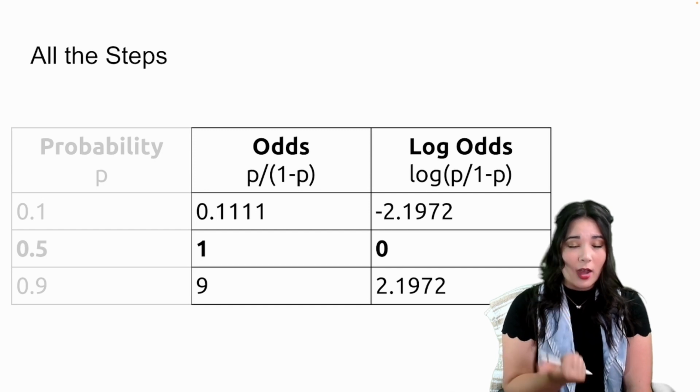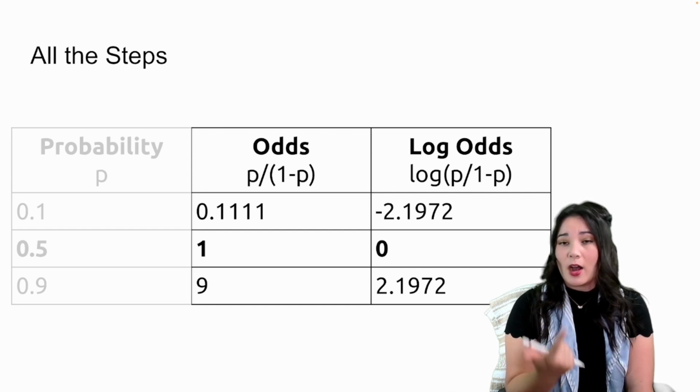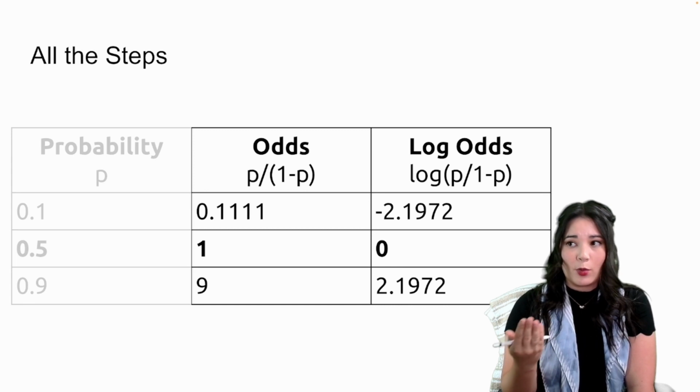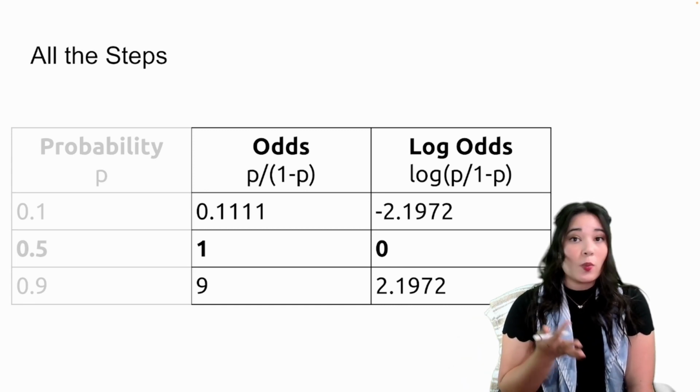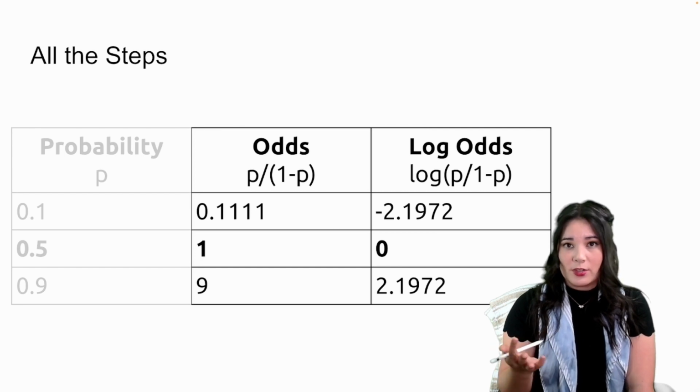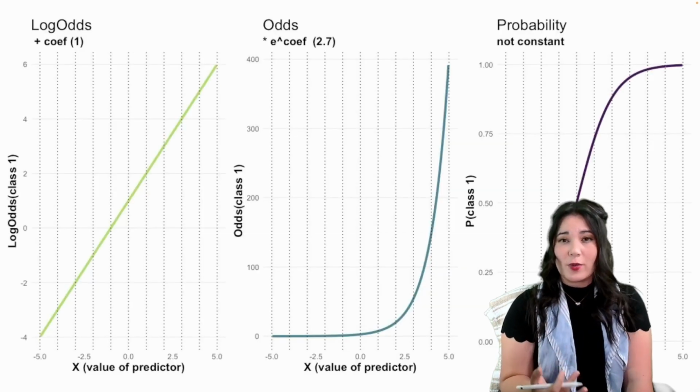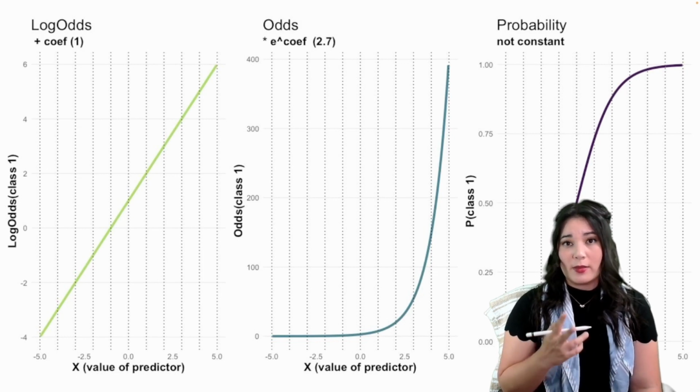So we covered log odds coefficients, and then we covered odds coefficients, which are a little bit more interpretable to people because they understand what odds are. So why don't we try some probability coefficients? Well, the answer is we can't, and I'm going to tell you why. Looking at this graph, we can see two really important things.